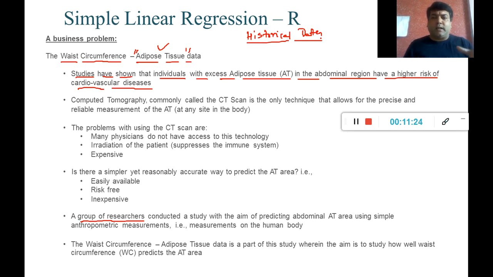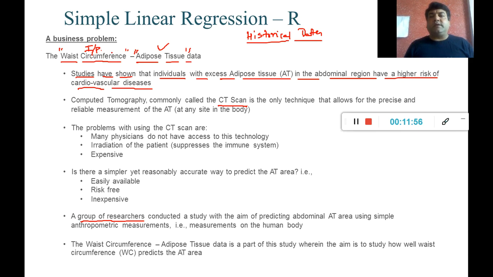So what is the technique currently available? The only technology available is the CT scan. So what they can do is try this CT scan, or they have already done CT scans for thousands of people. They can record all those details of their adipose tissue, along with the input they want to give to their model, which is waist circumference.